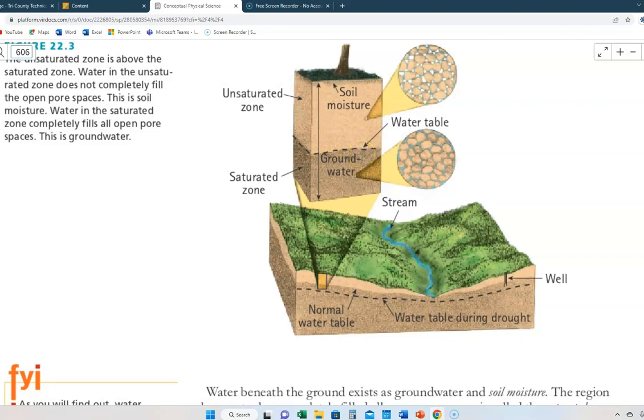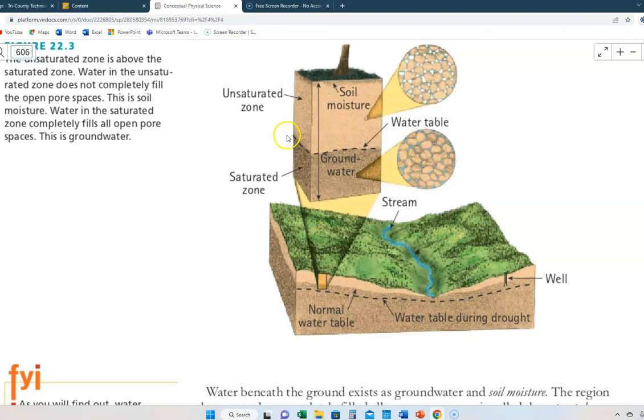Right. So that's what that's called. And then where it's unsaturated, right below the surface, you can see they're showing you that there's still three-dimensional space for water to fill. Whereas, in the saturation zone, it's completely filled.